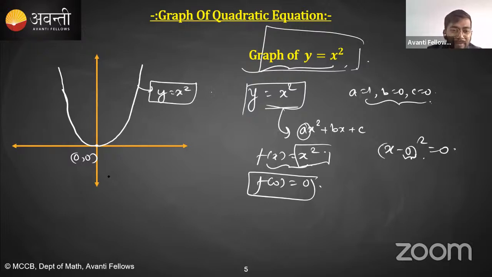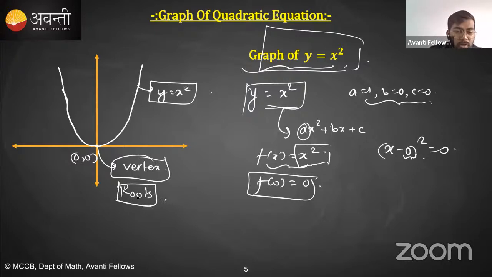So to draw the graph, you need to know the vertex, you need to know the roots, and then I think you can draw the graph, right? And you should know whether it will be upward or downward.